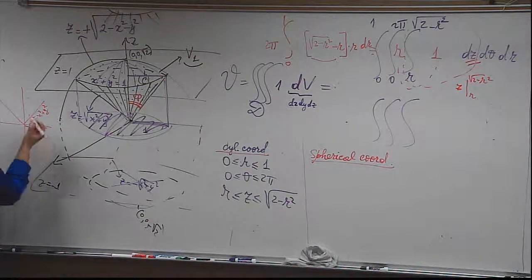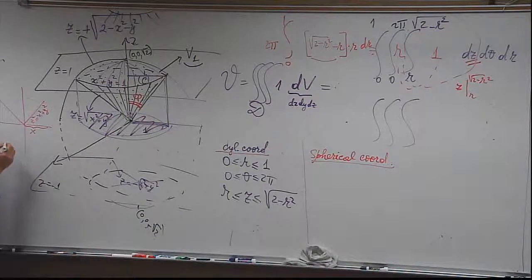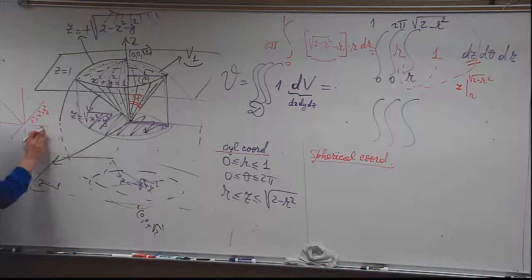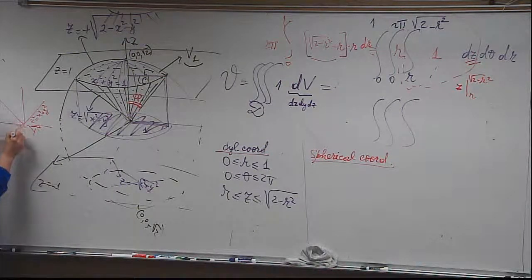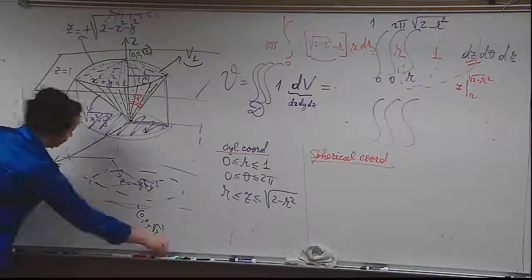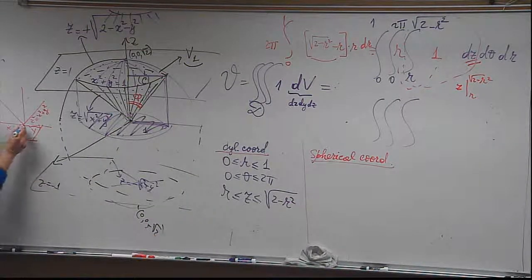If you have x and y, I don't know how to draw that. This is x, y, I'm sorry. You have to use your imagination here. And the hypotenuse will be square root of x squared plus y squared. And this is the z axis.